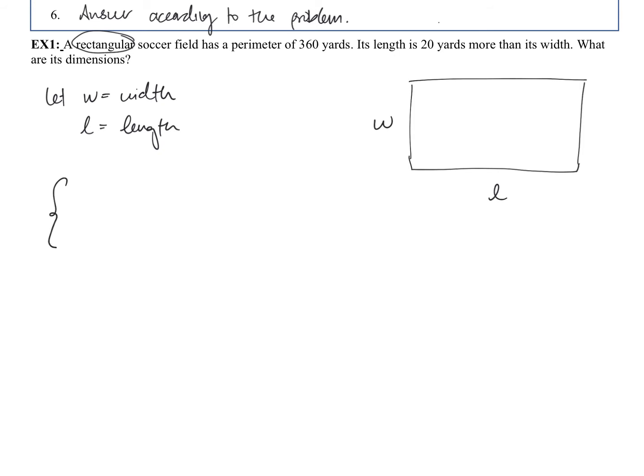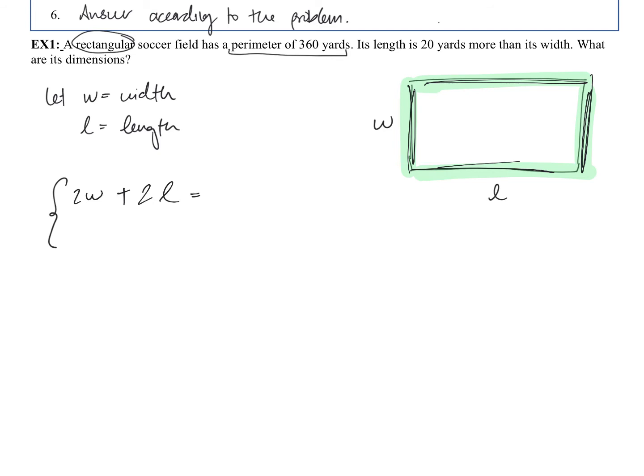So what are we given? Well, we're told about the perimeter, right? That's one thing we can figure out, is we know that all of these sides added up together should give me 360. Well, that means 2 of the widths, so this side and this side, plus 2 of the lengths, this side and this side, should end up equaling 360.